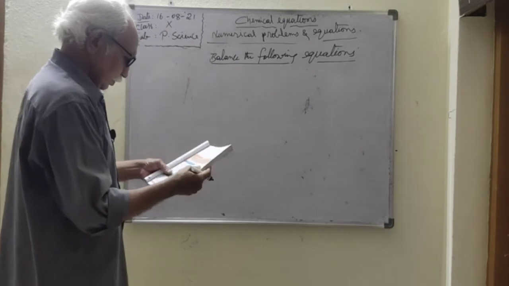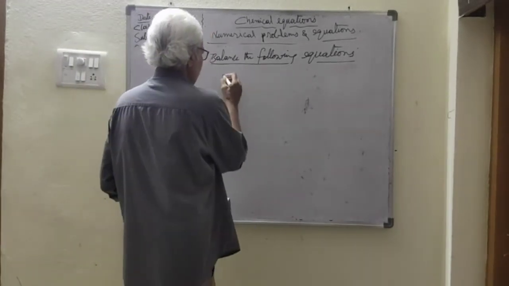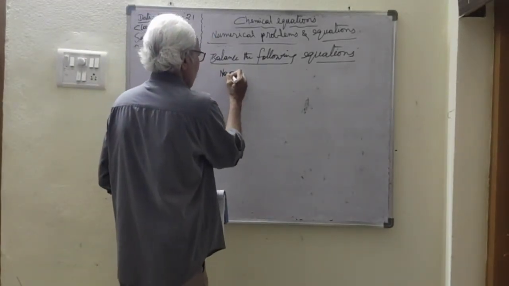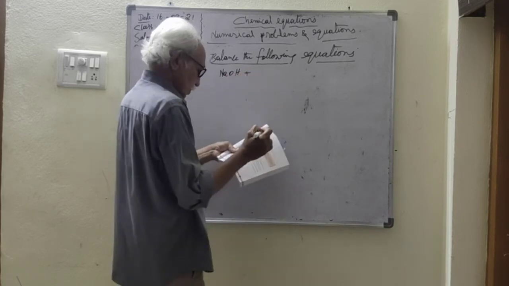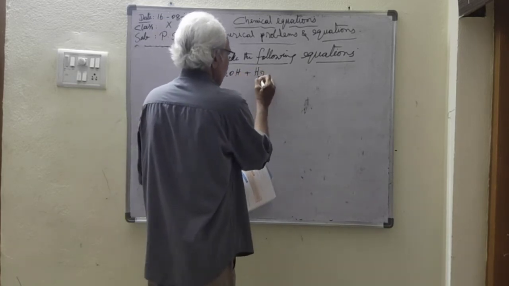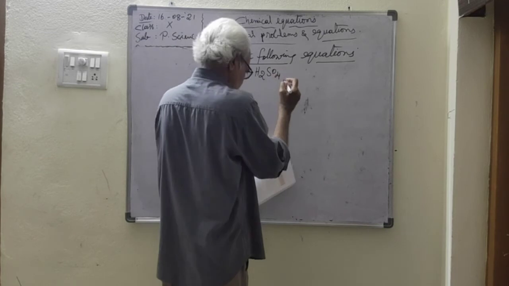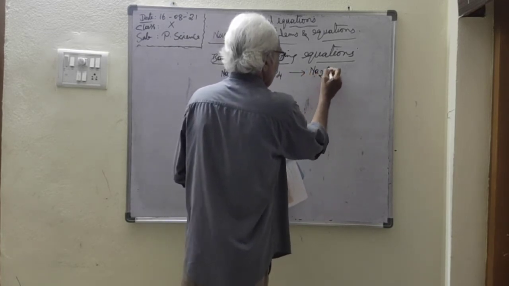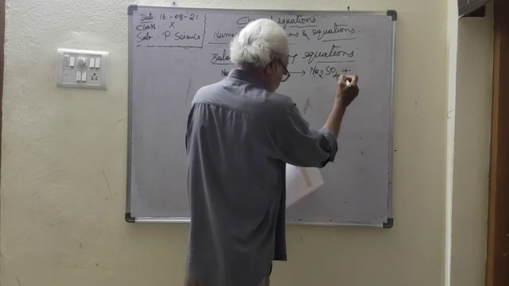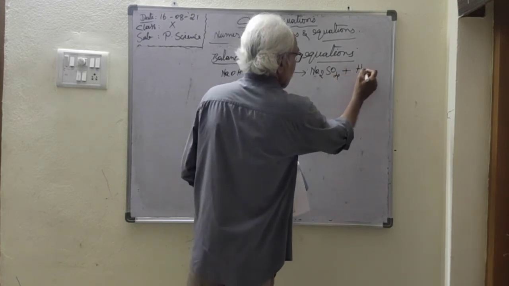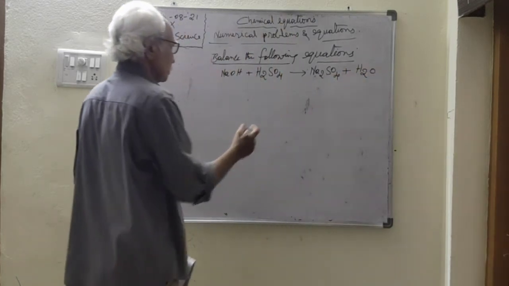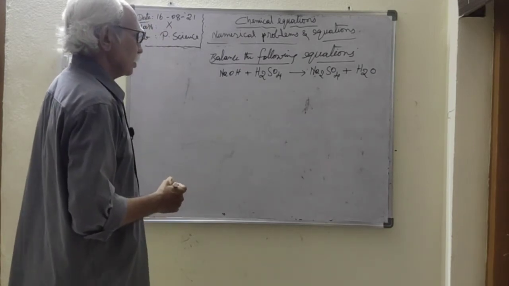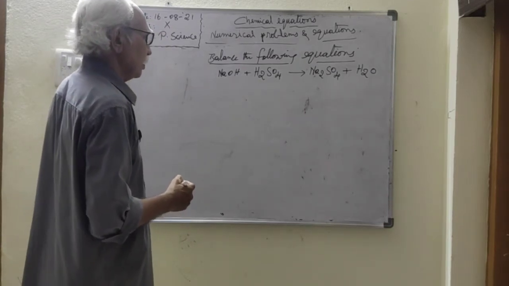So here is sodium hydroxide NaOH plus H2SO4 sulfuric acid gives sodium sulfate plus water. In this one, which element has the least number of atoms, which element has the highest number of atoms, we can start.